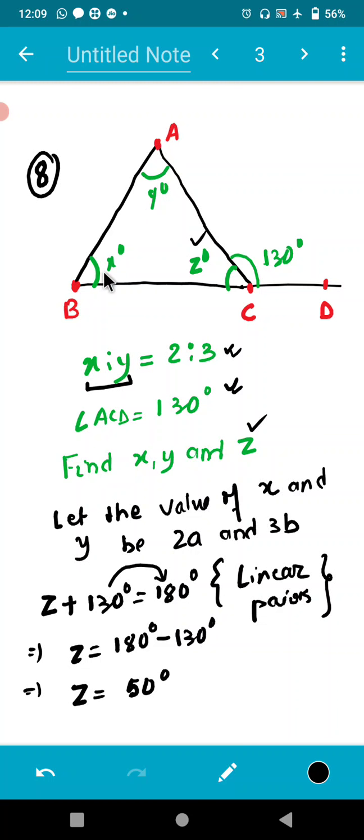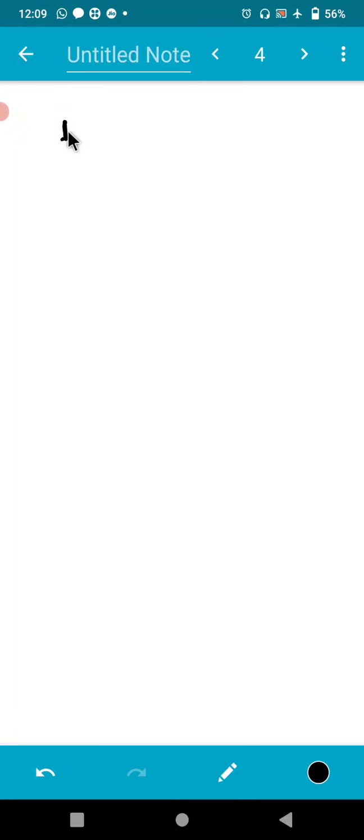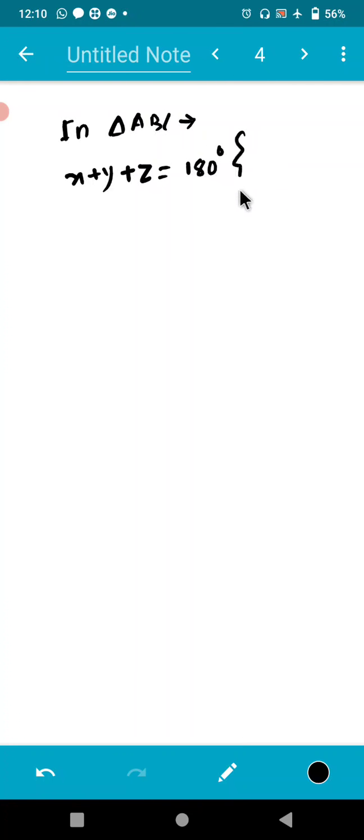Now we will use the angle sum property to get the value of x and y. Now in triangle ABC, x plus y plus z equals 180 degree, and we have to give the reason, students: angle sum property.